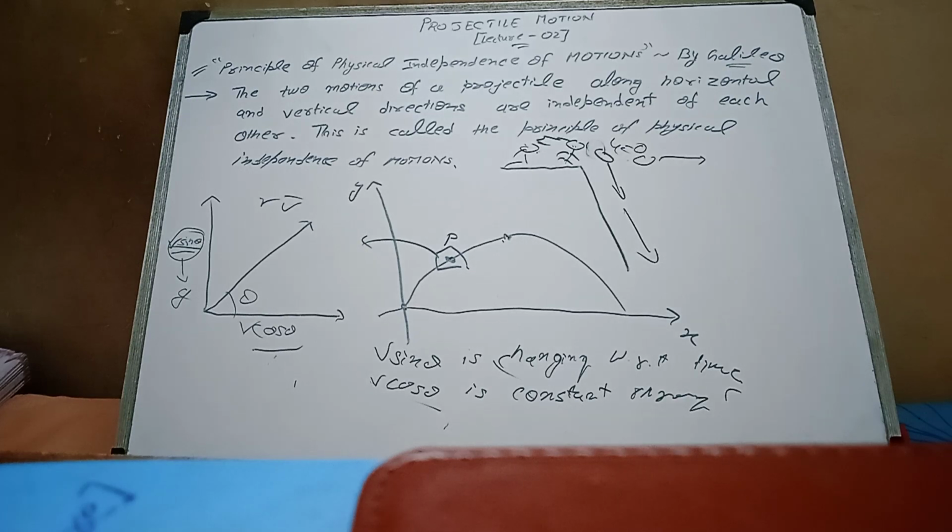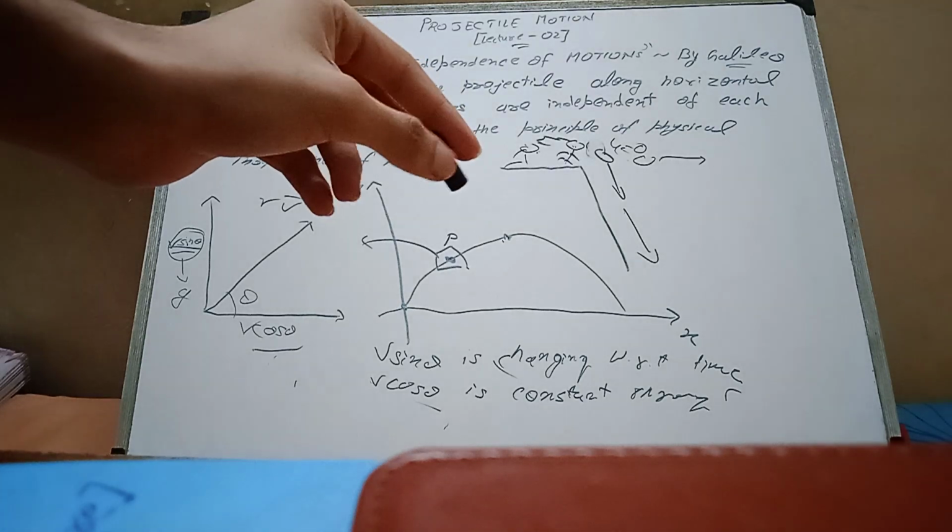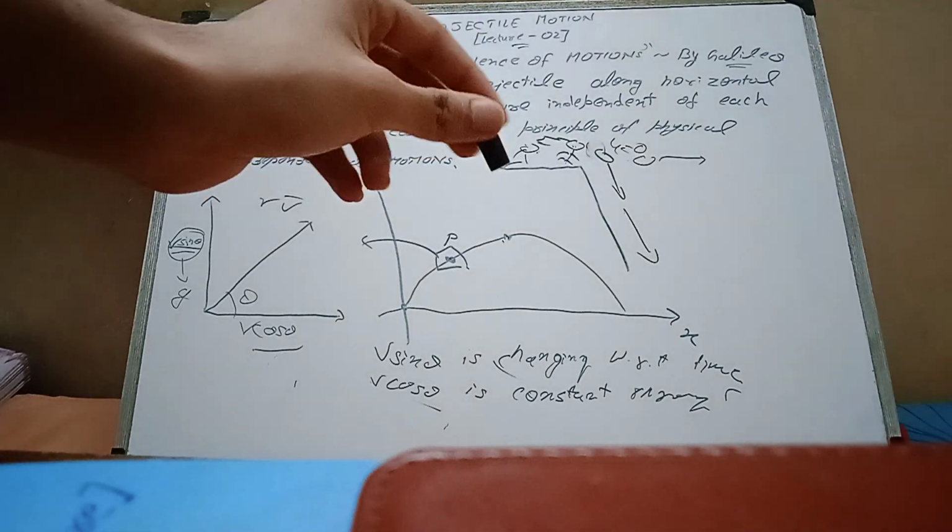So what happened is, when the experiment was done, we observed that both the stones, both the objects, neglecting air resistance and irrespective of their masses, reach the ground in the same time. What that means is that in this case the vertical velocity is 0.